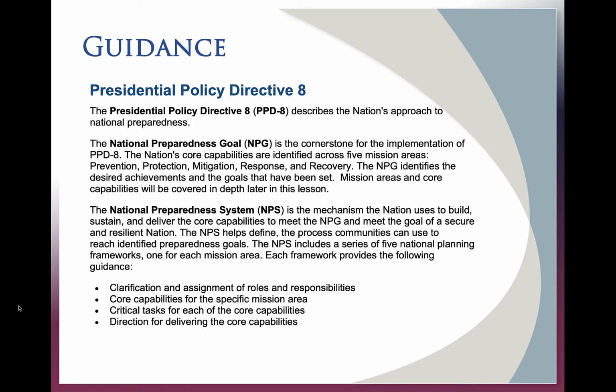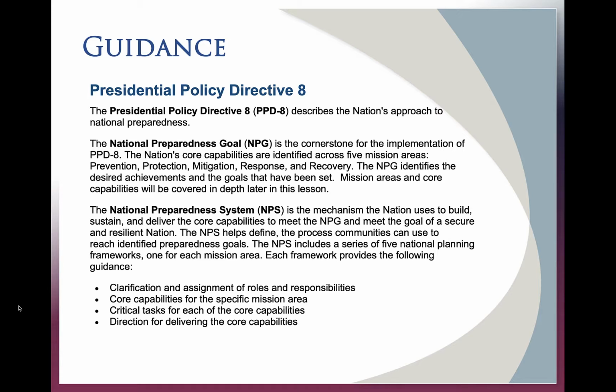Let's talk a little bit more about these. So as I said, the Presidential Policy Directive 8 is basically the nation's approach to national preparedness. So this is what comes down. This is the overarching directive. The National Preparedness Goals are the cornerstone for how we implement the presidential policy.